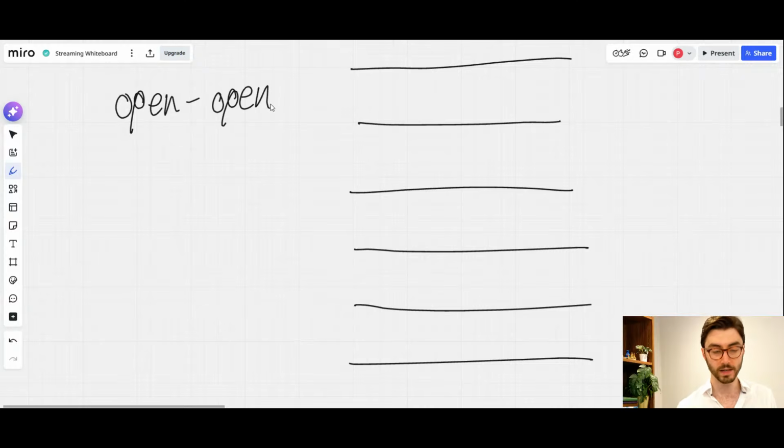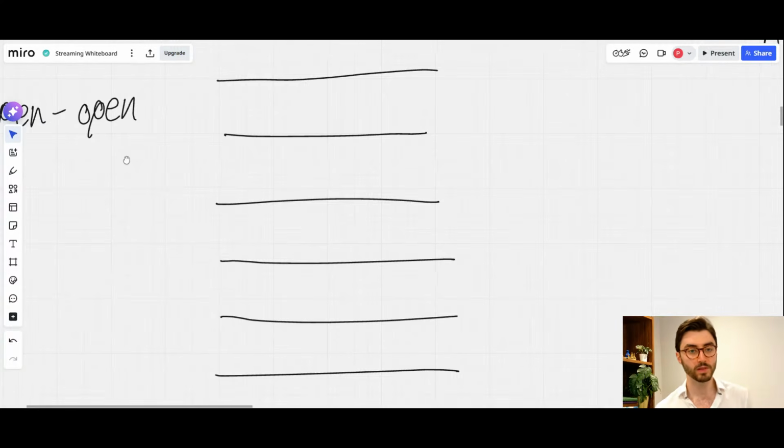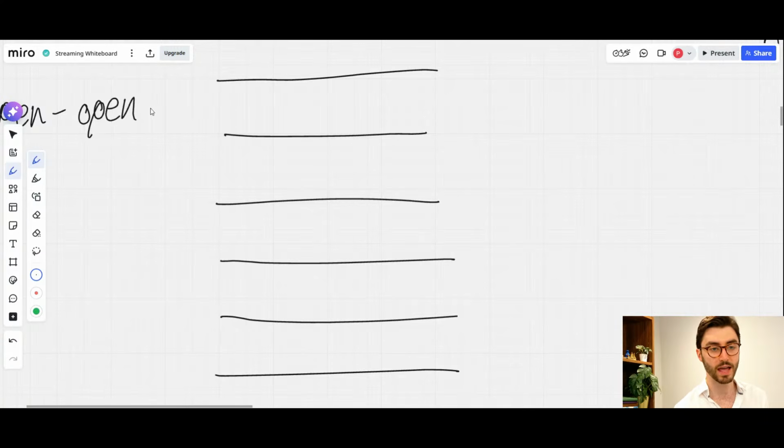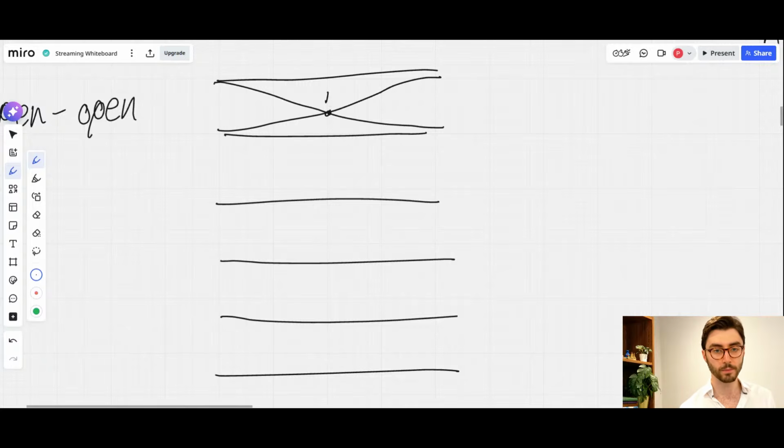When you have open, that is an antinode at both ends. So wherever it's open, you get an antinode. So the first way to do that has an antinode here and an antinode here. Antinodes have maximum amplitude. The simplest version is this, where there's the node in the middle.